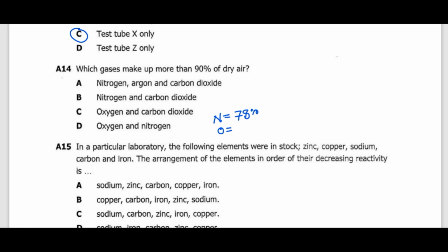Then oxygen is about 21%. So if you add these, this will give us 90+%. So it's oxygen and nitrogen, because carbon dioxide is about 0.04%, so that won't reach 90%.